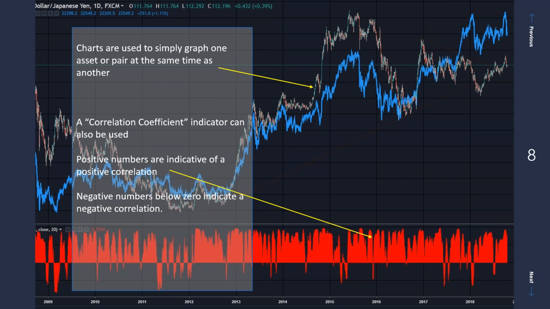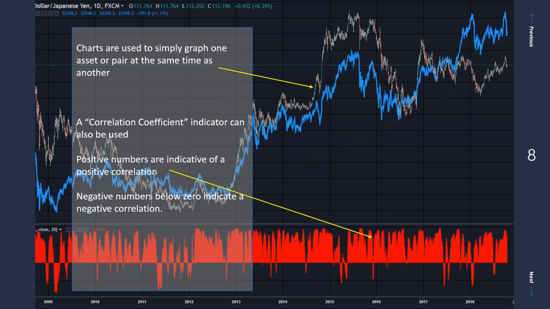Like you want to look over short time horizons, long time horizons, just work through it a little bit and put your own insight into it. The other is, and this is at the bottom in the red, use some type of correlation indicator, right? So all I'm using here is just an indicator of what you call the correlation coefficient, or basically the percentage to which these 2 assets correlate.